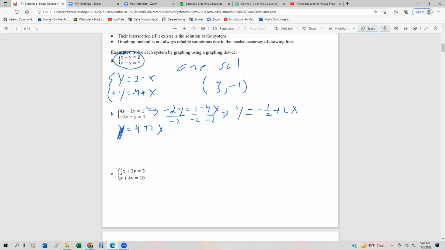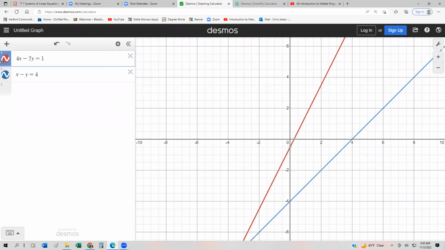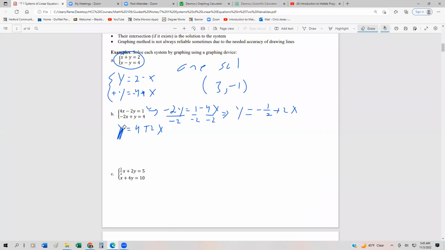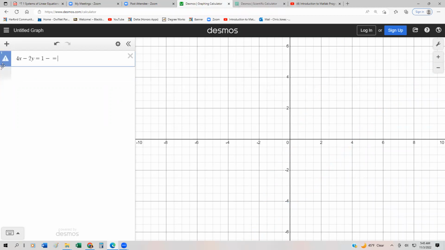So we have 4x minus 2y equals 1, and the other equation is -2x plus y equals 4.